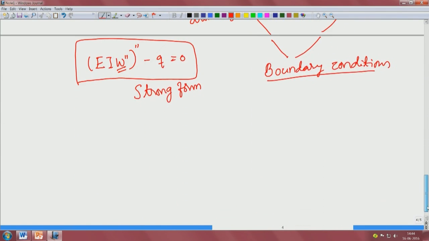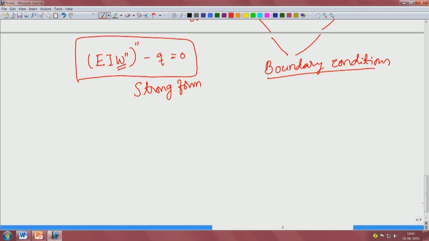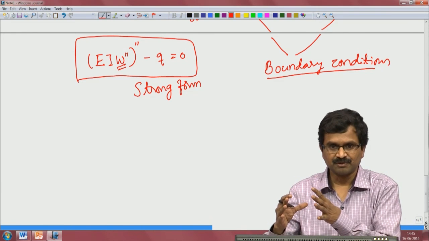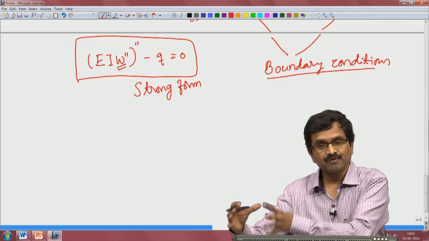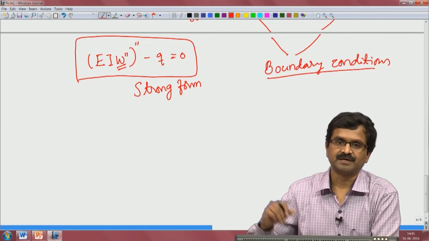So, what we see now with the example of a beam is that we can use the principle of minimum potential energy, go back to the weak form or the principle of virtual work. From there we can go to force balance or our differential equation along with the boundary conditions.